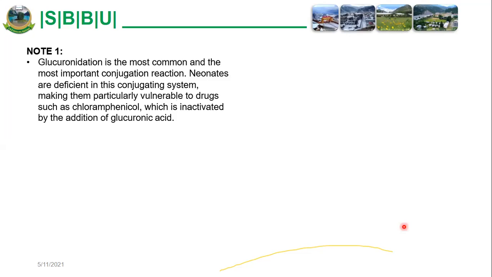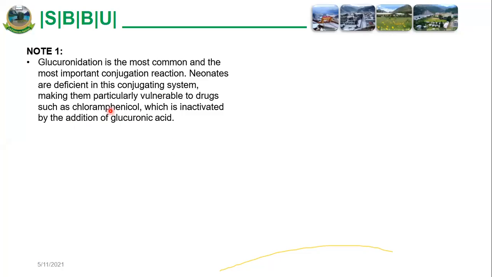Remember that glucuronidation is the most common and the most important conjugation reaction, especially in neonates. Sometimes they have a deficiency of this conjugating system. The neonates or children that have this deficiency are particularly vulnerable to certain kinds of drugs like chloramphenicol.